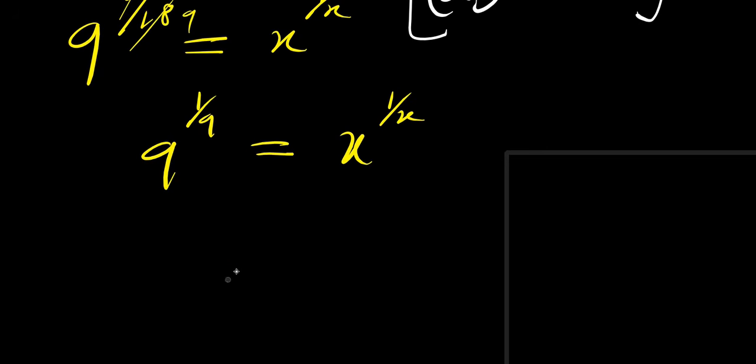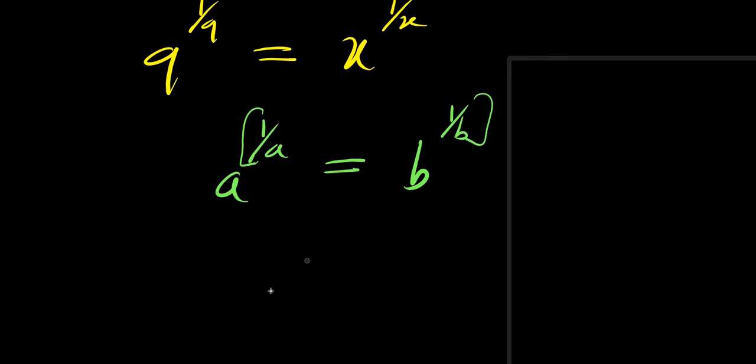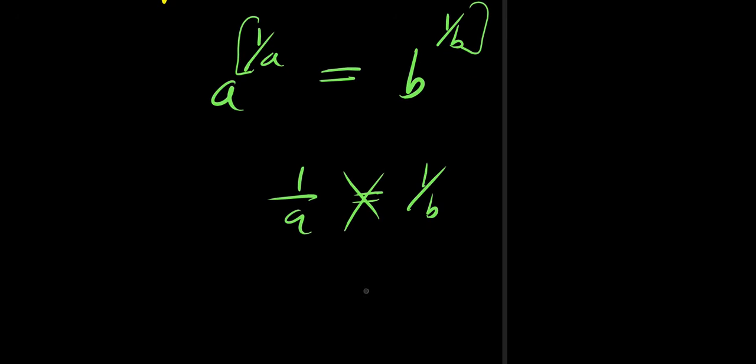Now, if you have a power 1 over a, and this equals b power 1 over b, that means you can compare these exponents. You can have your 1 over a equals 1 over b. And when you cross multiply, a times 1, that is a, equals b times 1, that is b.